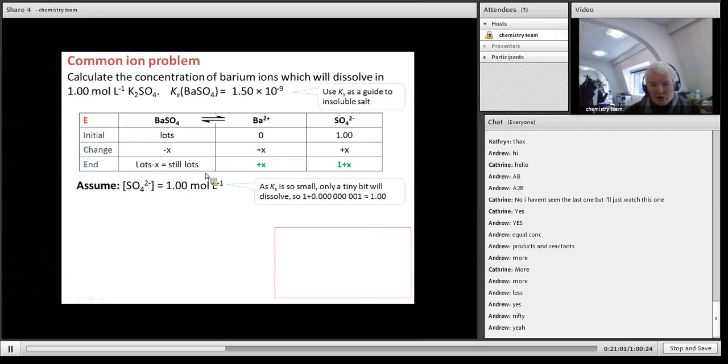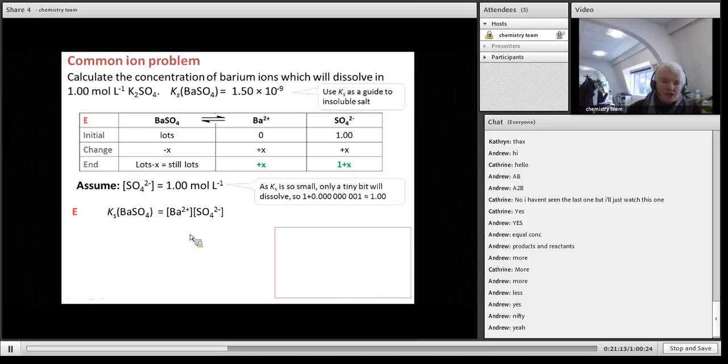So you've done that first E, which always stands for equation. Now we're going to do the expression. This is the EQ method in red here. So there's my expression, and now I just simply substitute. I've done my assumption. Ks I've been given. X is that over there; I don't know it, and I've got to calculate it, since it says calculate the concentration. And the sulfate I've assumed is going to be 1.